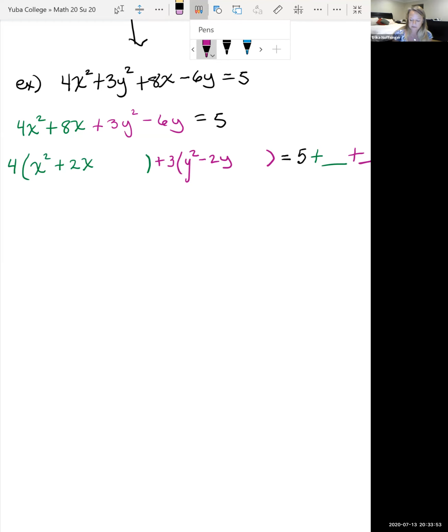Inside the parentheses, remember we were looking at half of the b value once a was 1. Half of 2 is 1, and 1 plus 1 is 2. Then multiply that half by itself to get the c value: 1 times 1 is 1. So we're going to add 1 inside the parentheses to make this a perfect square.